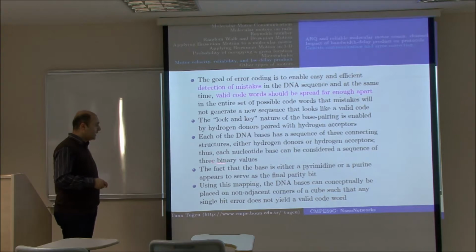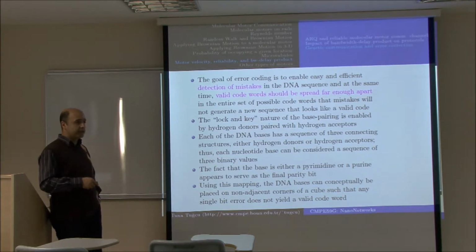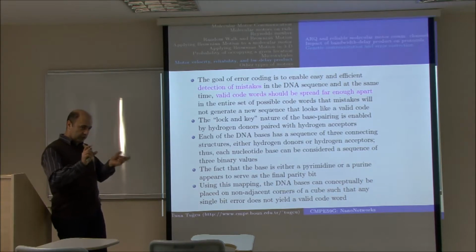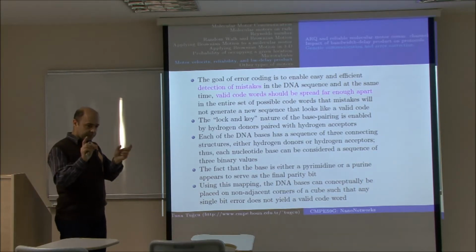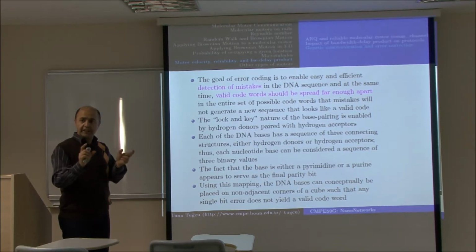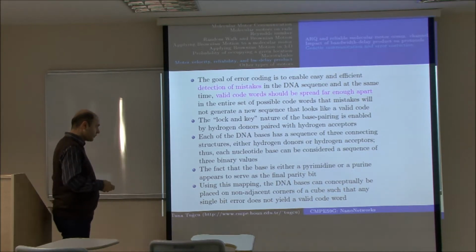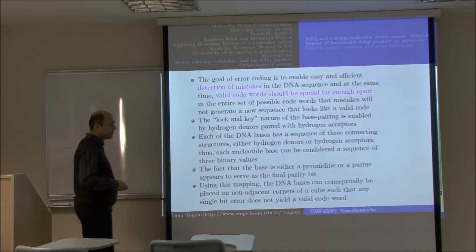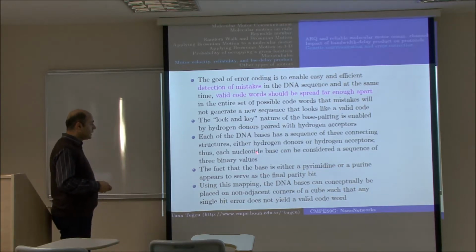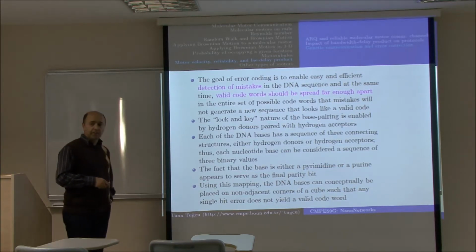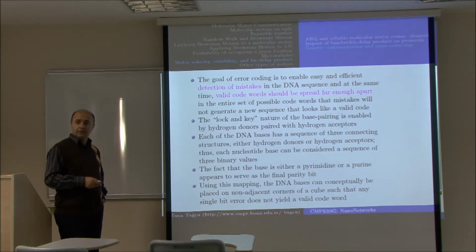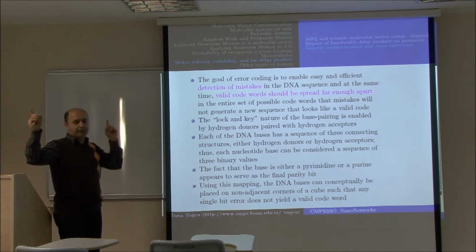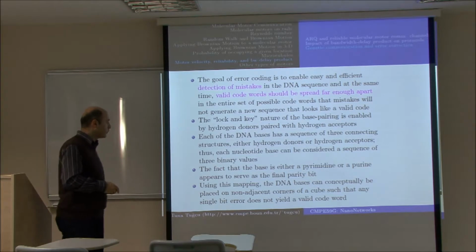And the base is either a pyrimidine or a purine. Remember, 2 of those 4 bases would be coupled for the pairs. One would be a pyrimidine, the other a purine. They appear to serve as the final parity bit. Like, you don't have A and G together. That also serves as a final parity bit.